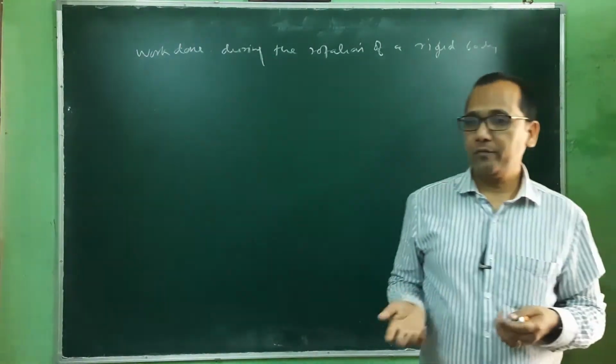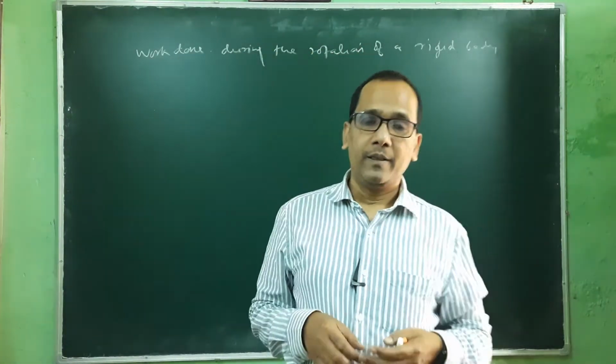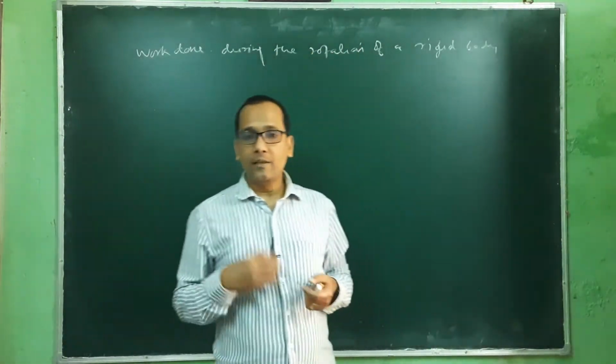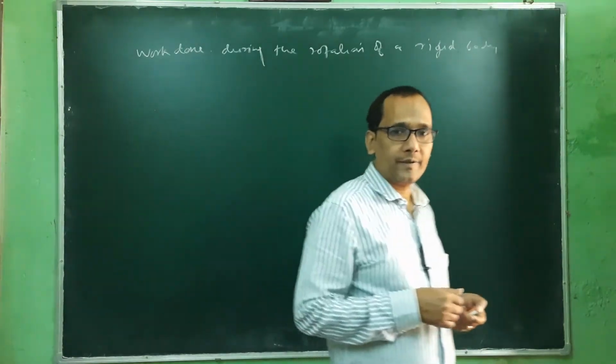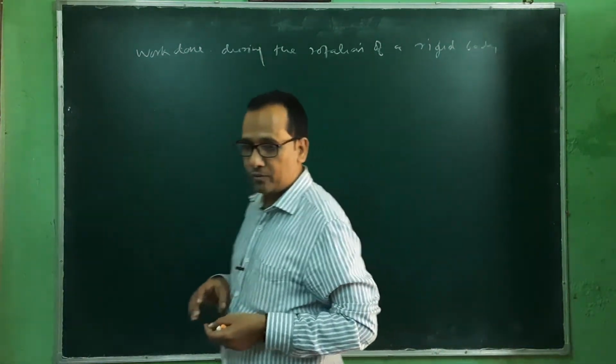During rotation, we have calculated angular momentum, angular velocity, and also the energy that is known as the rotational kinetic energy. But the work done, I think we are missing in this particular concluding lecture.